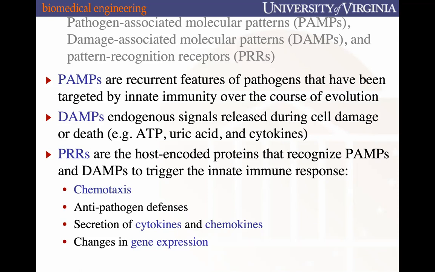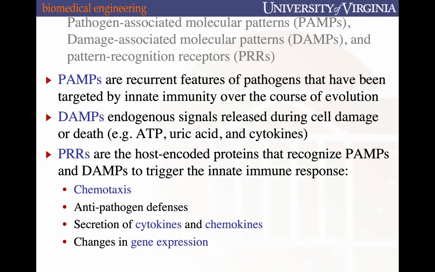So the important thing to know is that PAMPs and DAMPs bind to pattern recognition receptors. Some of the things that occur when PAMPs or DAMPs bind to a pattern recognition receptor is that they can elicit chemotaxis. If you remember the pre-lecture video where a neutrophil is going around chasing a bacterium, there's some sort of chemoattractant that bacterium is releasing.